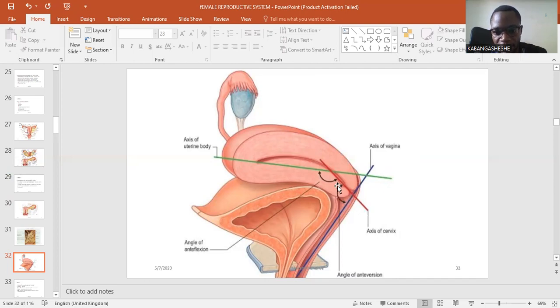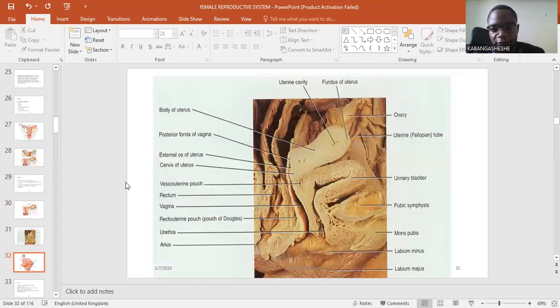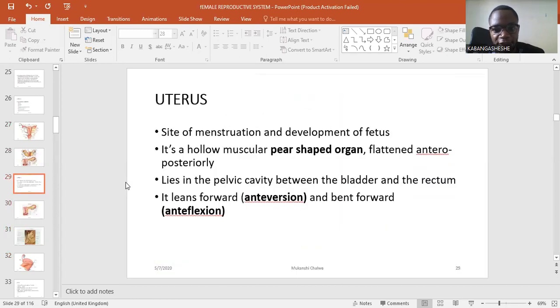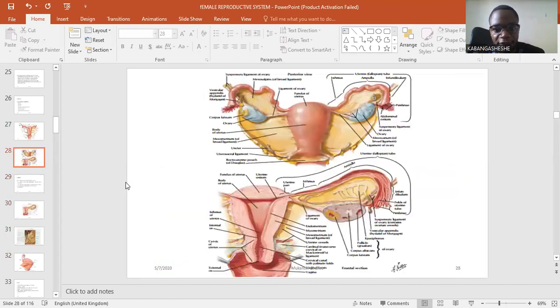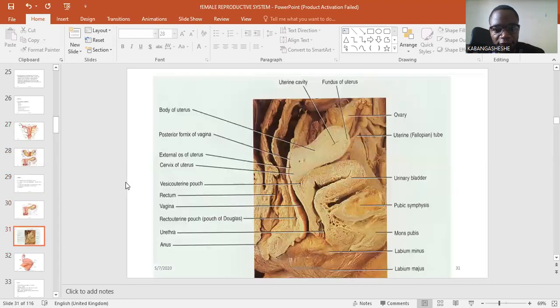So the uterus is anteriorly flexed and anteriorly leaning. It's leaning forward. Those two terms are essential in describing the normal position of the uterus. Here is the anterior fornix, and that will be the posterior fornix. These are the dilated ends of the vagina. That being said, let's look at the histology of the uterus.